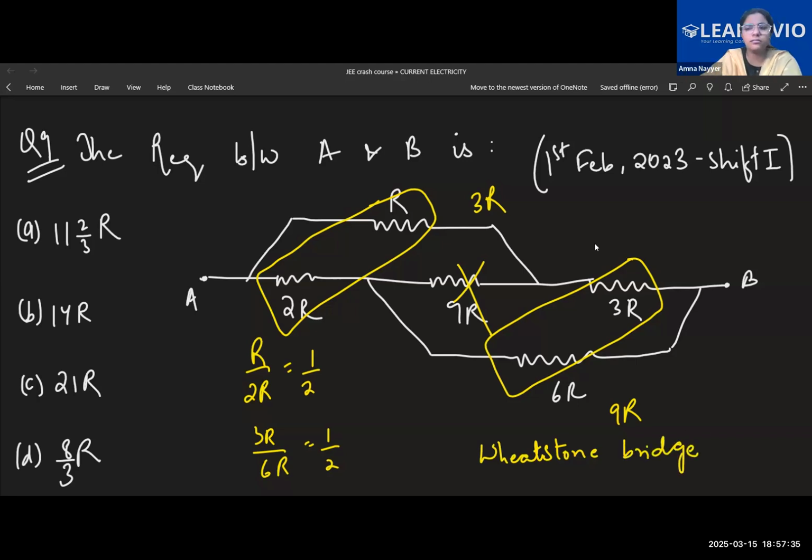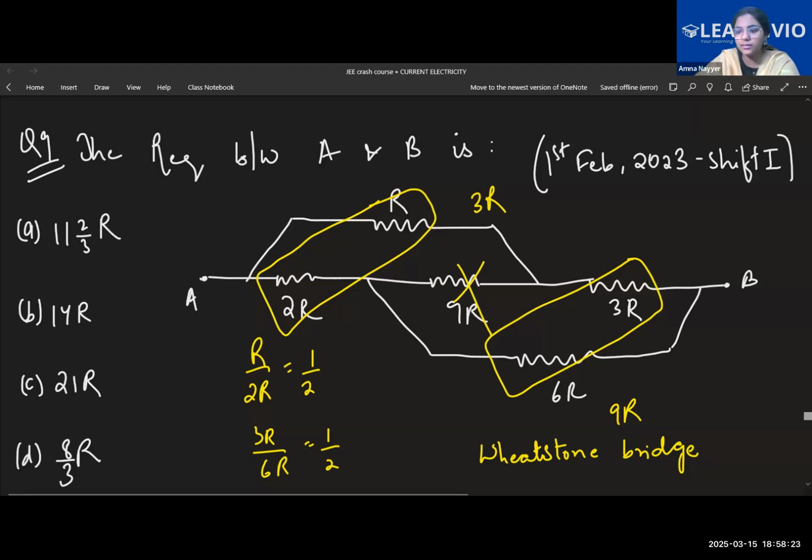So very recently, it has come, right? 2023. Okay, write it. Do solve this further also.